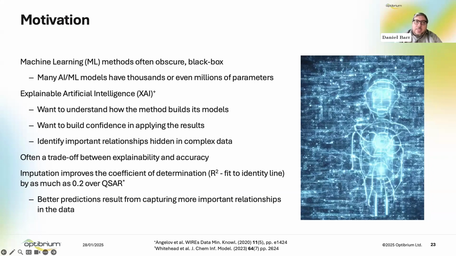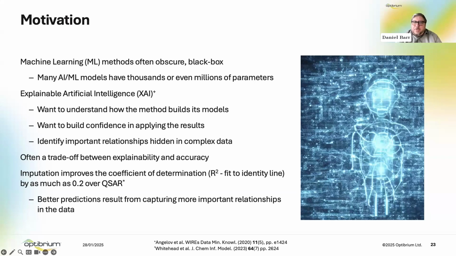So there's been growing interest in what we call explainable artificial intelligence. And here the focus is not just to have a good model, but to also understand how the model is working. What is it using to build the predictions or results? Of course, this helps us to have confidence in applying the results, right?